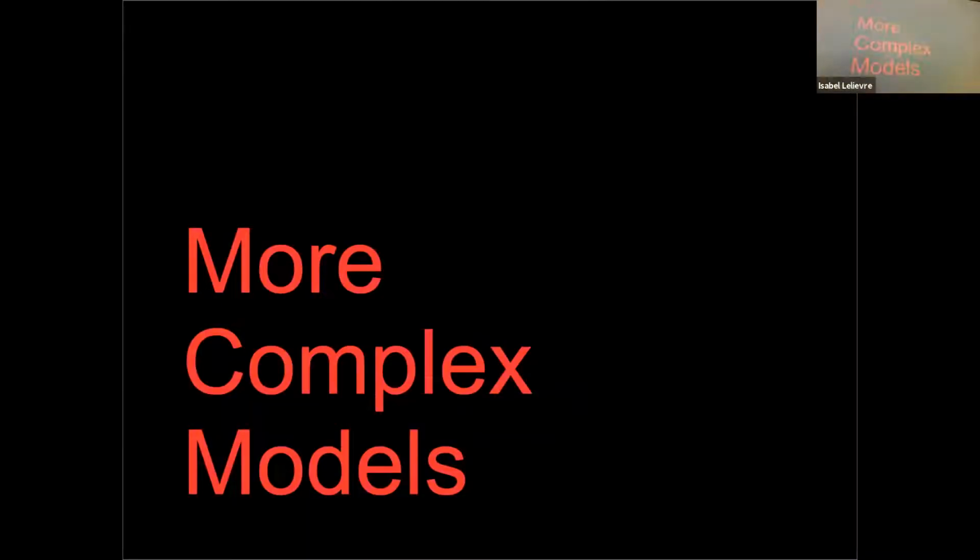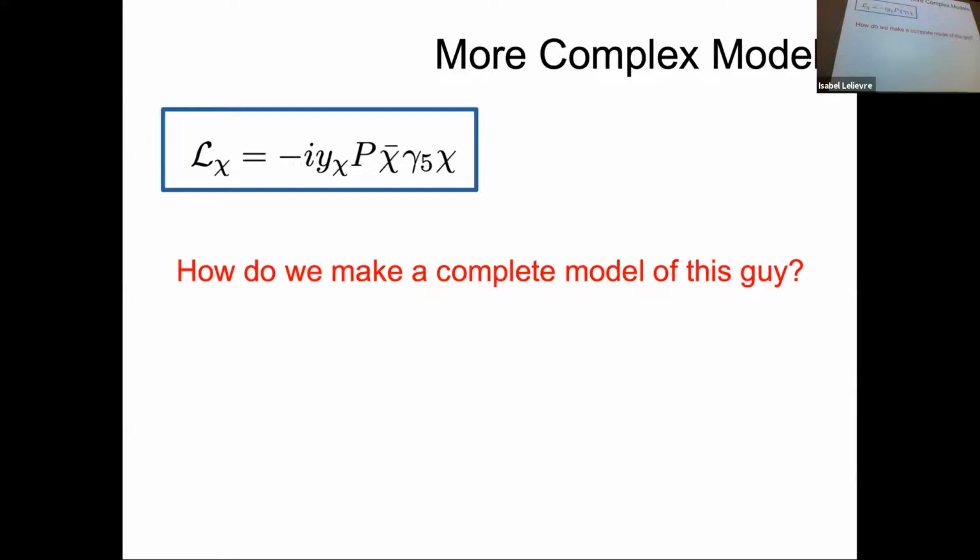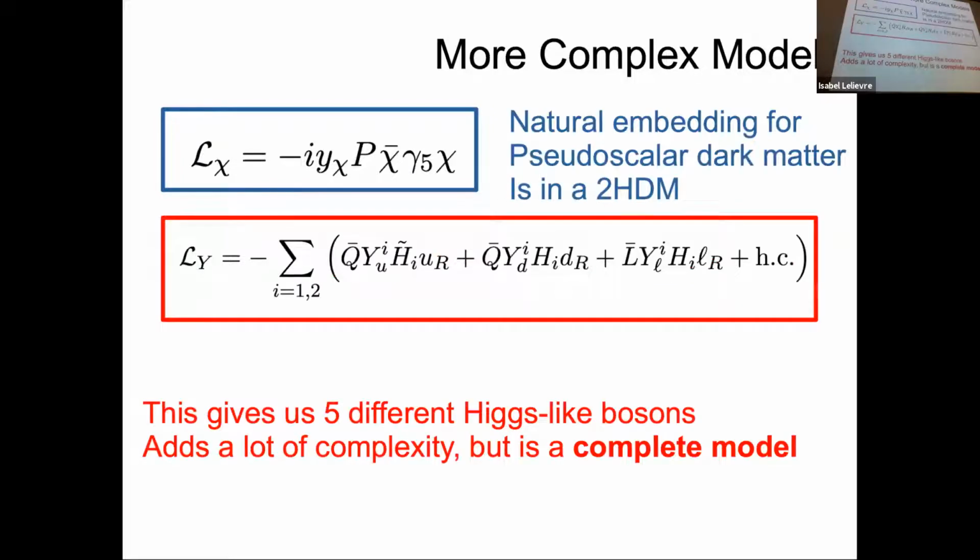Okay. So what about more complex models? There was an effort to add a scalar complete model, and that gave us Higgs to invisible. There's also been an effort to add a pseudoscalar complete model, and the simplest way people know of to embed this into a complete model is a 2 Higgs doublet model.